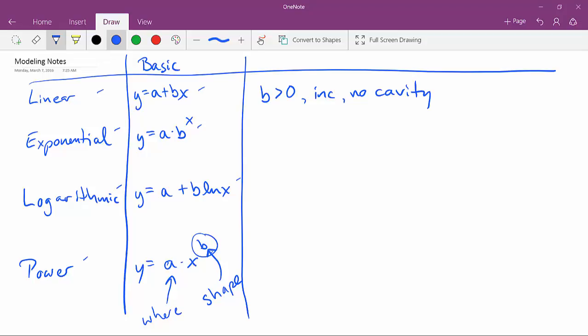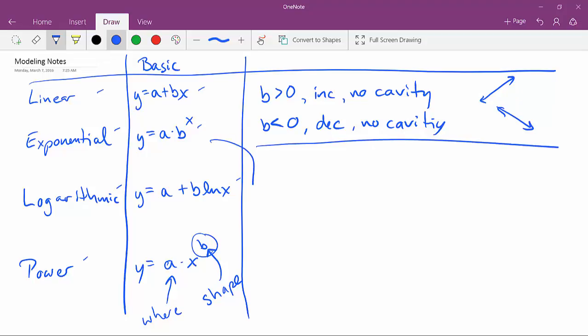If B is less than 0 with the linear model, we've got a decreasing function, and again, linear models have no concavity. So it's not concave up, nor is it concave down.